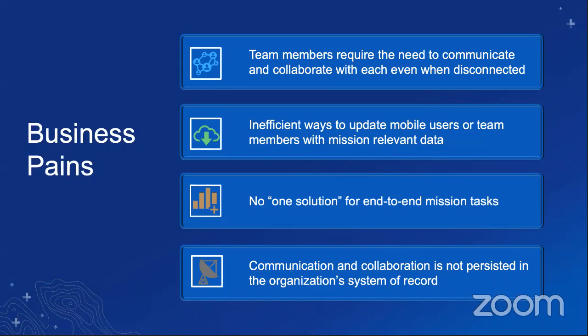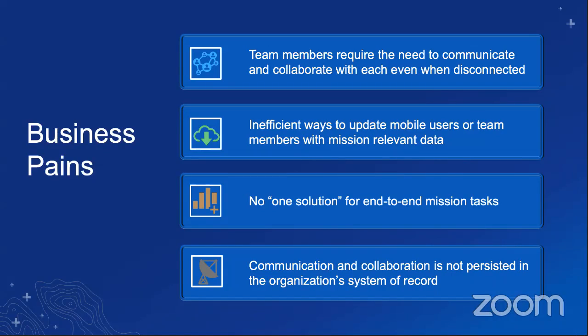The third one is that there is no end-to-end mission solution in the market right now where peer-to-peer communication is handled and data and maps are also provisioned in that solution. Currently, in tactical situation awareness, people need to use multiple solutions to achieve this.